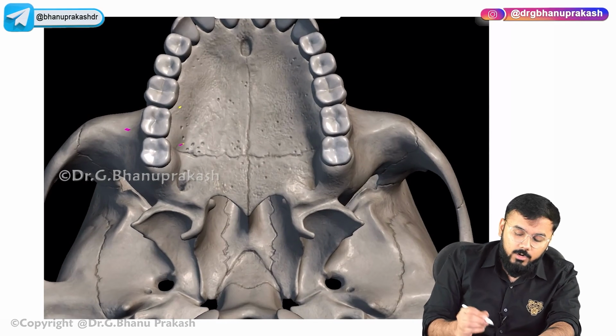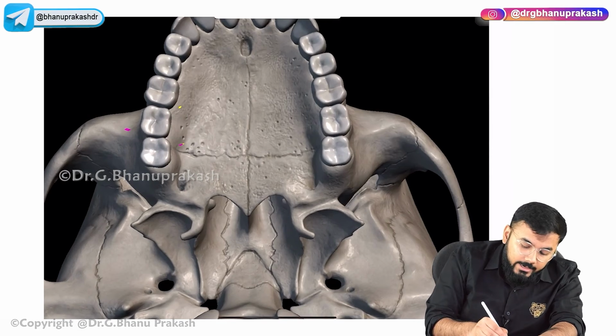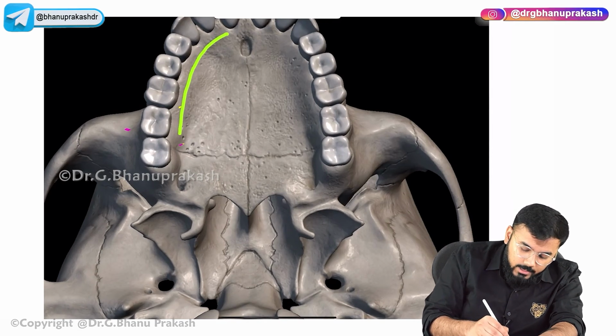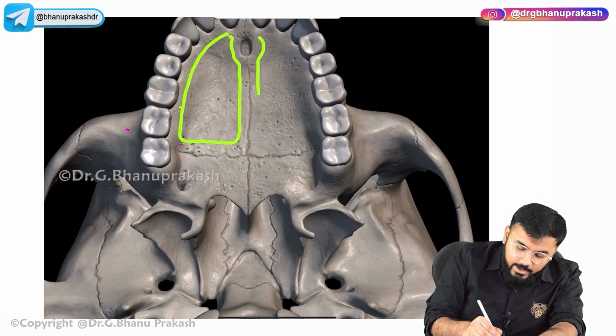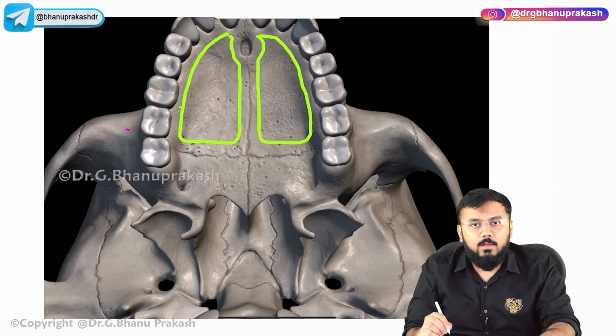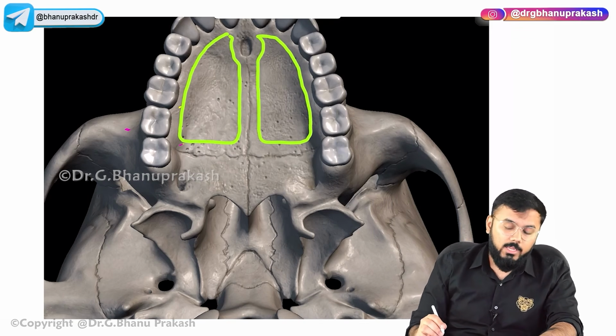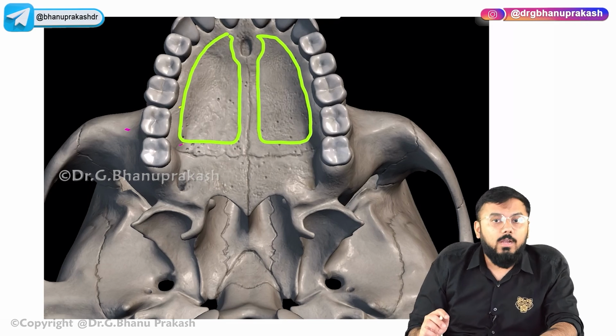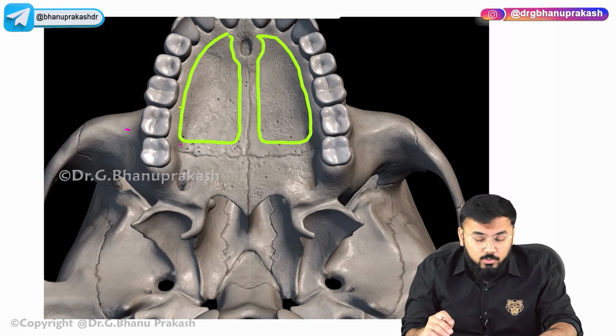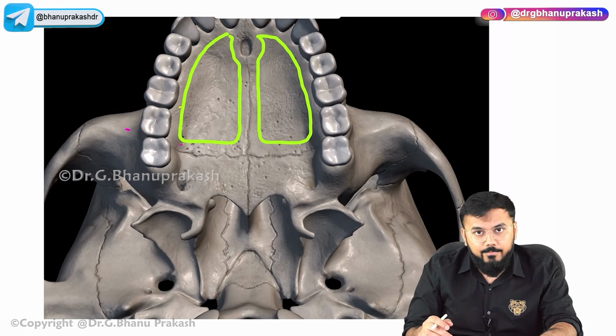Can you see this part? This particular region, this is one half and this is the other half of the hard palate. So what are these two halves? These are called the palatine process of maxilla. You know, this is maxilla, right?